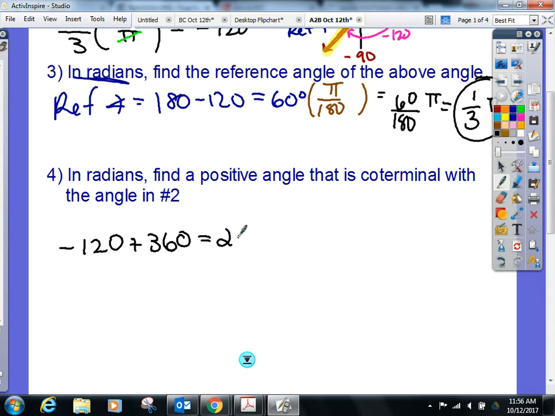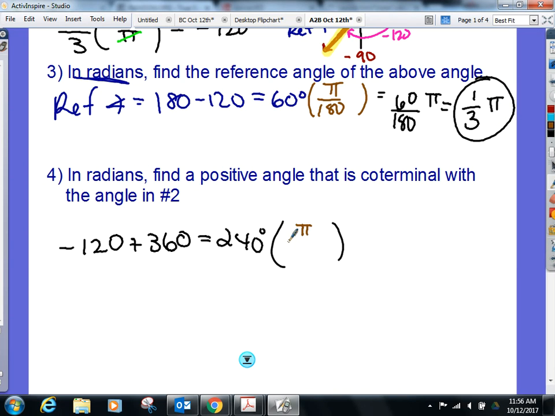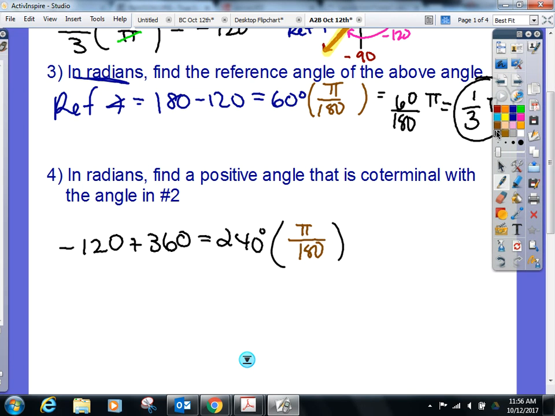240. And I'm sorry again, guys. I just want to drive the point home in radians now. Convert 240 because I want the final answer in radians. So one last time, multiply it by pi over 180. Keep the pi out of your calculator.